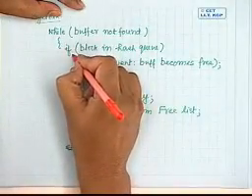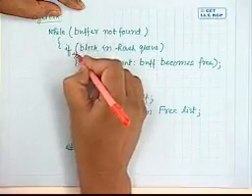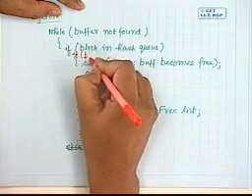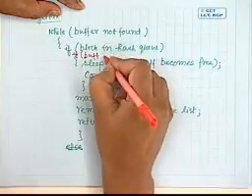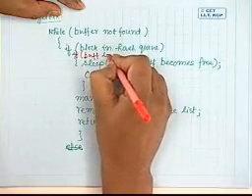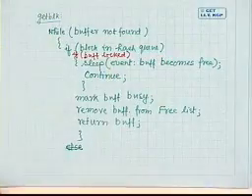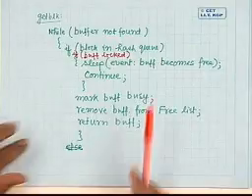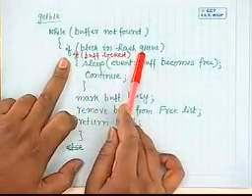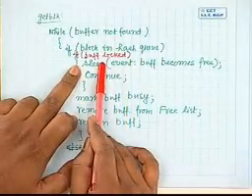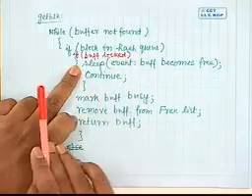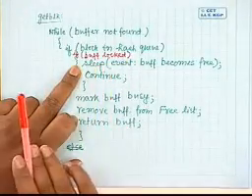If buffer locked, okay. So I can have a situation that the block is present in the hash queue, but the buffer is locked. That means the data is present, but it is being used by some other process.